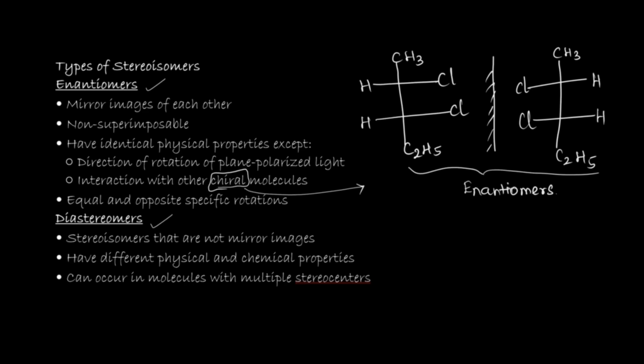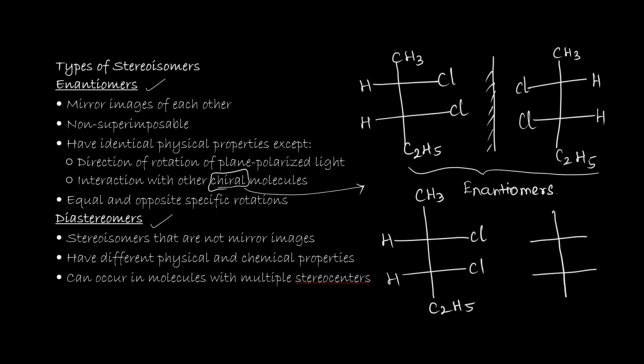Talking about diastereomers. For example, if I take the same molecule, a diastereomer pair of it will be, there shouldn't be a mirror image, right? So it can be like this.